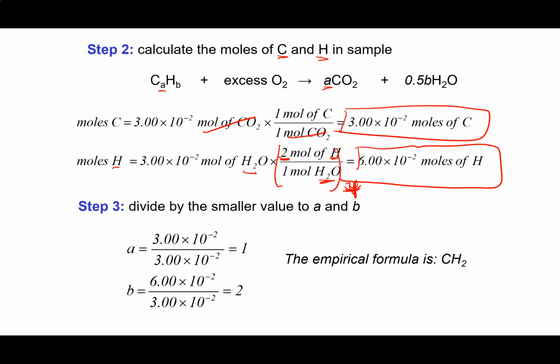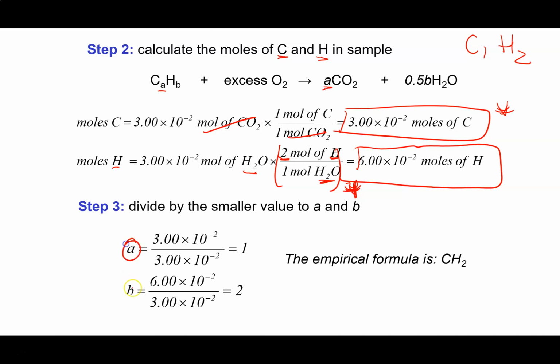So most of you could probably see the ratio at this point. For every 1 mole of carbon, I clearly have 2 moles of hydrogen. But if you can't, what you want to do is identify the smallest number of these two, so in this case it is the moles of carbon, and divide each of your moles by that smaller value.